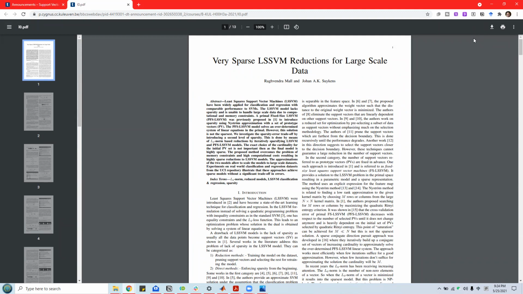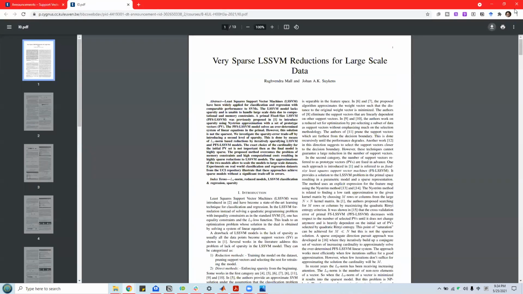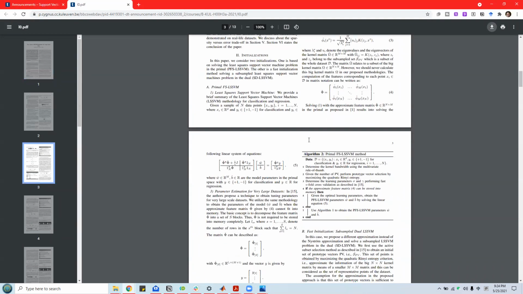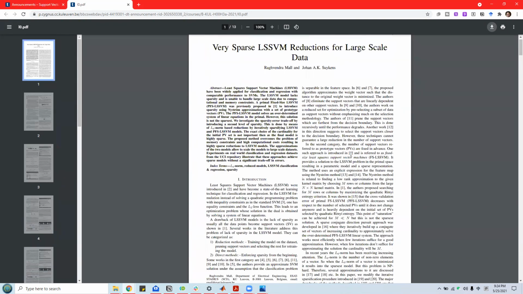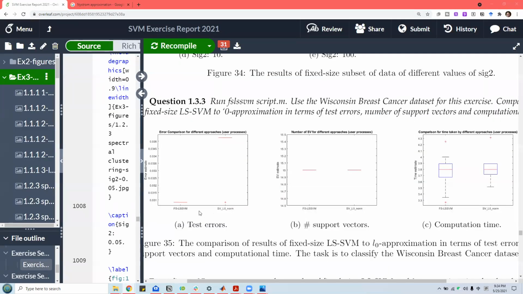It's still another material, but I forgot which one. Can you even download this? Oh, I can download this. Okay. Yeah, I haven't had the chance to read this actually. Okay, so it's very sparse. Then it's more sparse than the other one, I guess. So this one is more sparse than the fixed size LS-SVM, I guess.